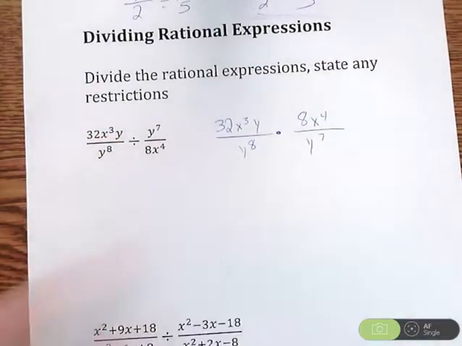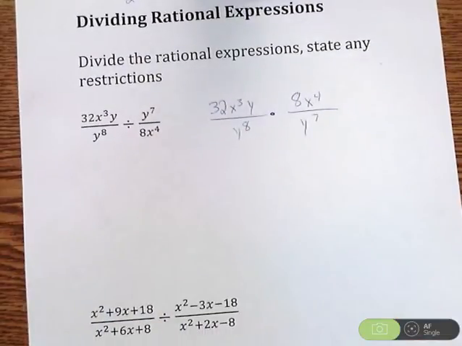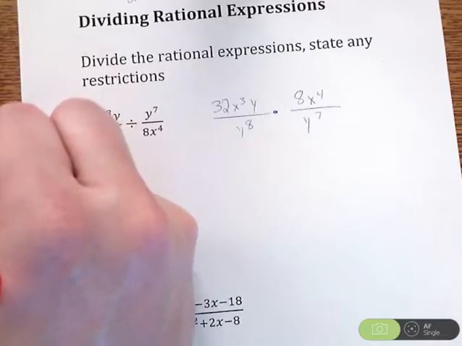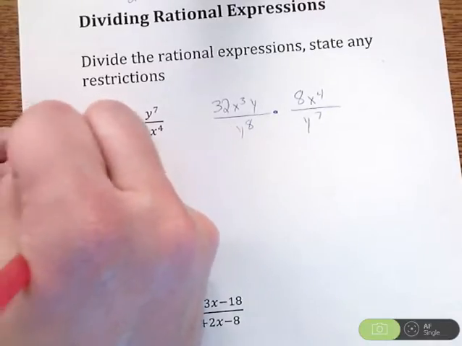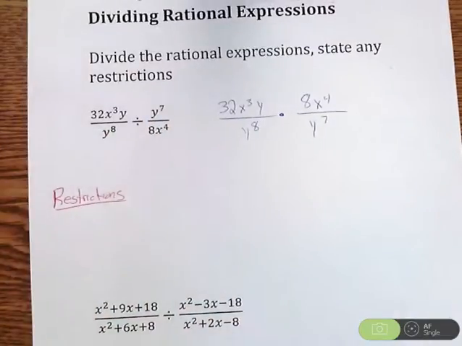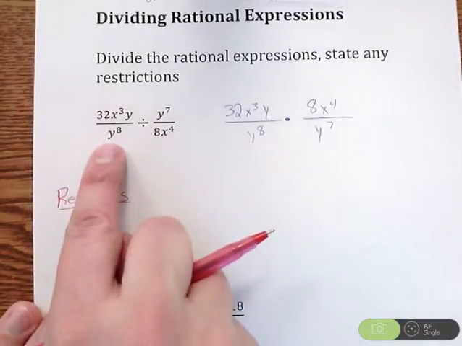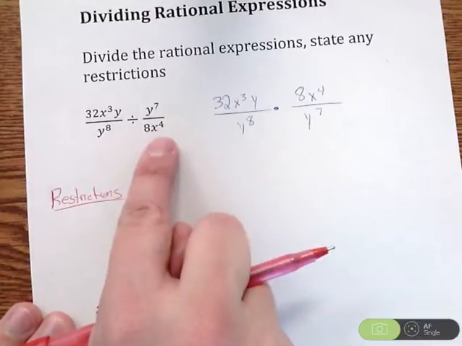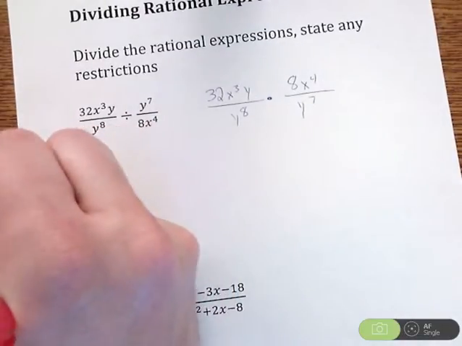Before I get into the multiplication and simplifying, I do want to talk about restrictions. This is where the tricky part comes in with dividing. Remember, the restrictions are that we don't want 0 in the denominator. In my original problem, I had y to the eighth and 8x to the fourth in the denominators.